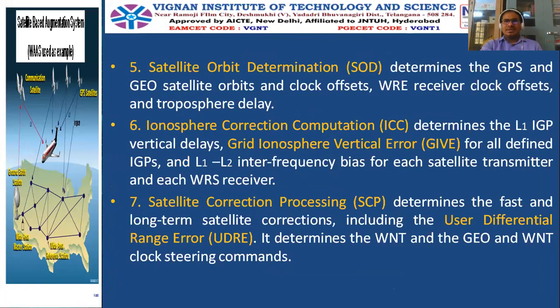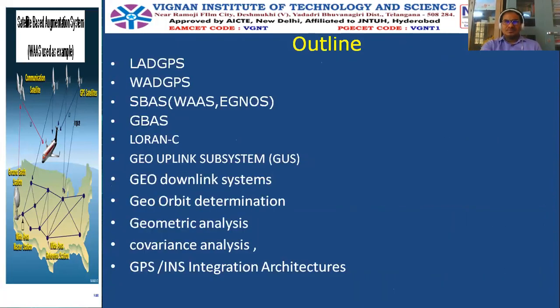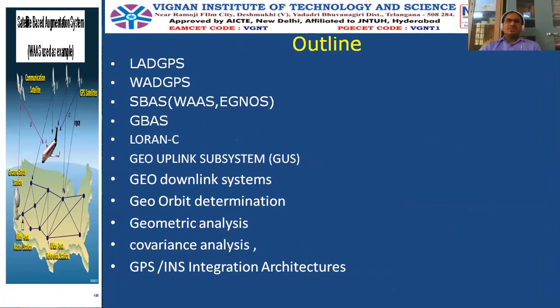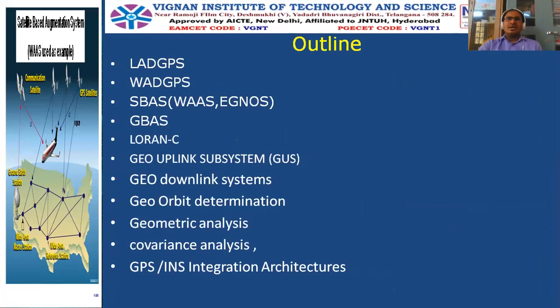I think many questions from this have appeared in the mid-2 exam. So this is the outline, that is, the contents, and the title of the unit is Differential GPS or Differential GNSS.